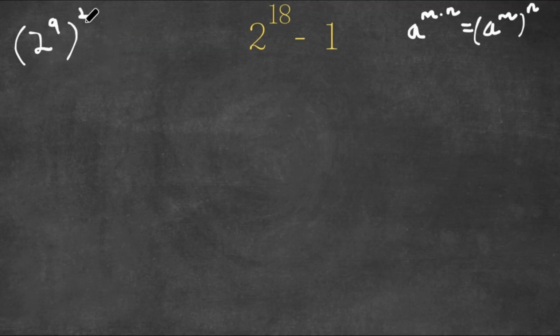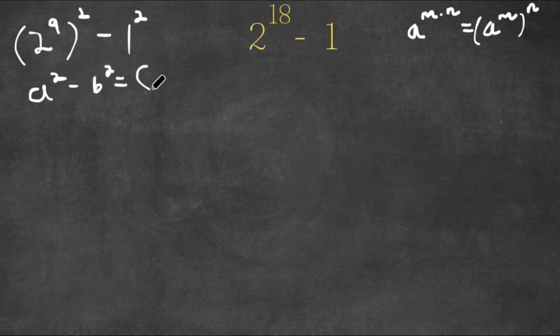So now we have 2 to the power of 9 squared minus 1, which is the same thing as 1 squared. Now if we have something in the form a squared minus b squared, this is actually equal to a plus b times a minus b.